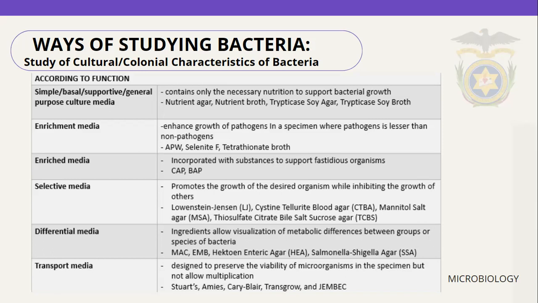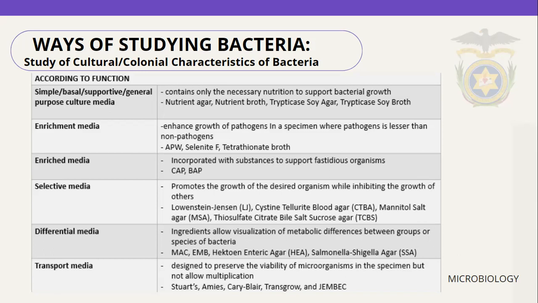Next one, we have our selective media that promotes the growth of the desired organism while inhibiting the growth of others. We have Lowenstein-Jensen or LJ, cystine tellurite blood agar or CTBA, mannitol salt agar or MSA, and thiosulfate citrate bile salt sucrose agar or TCBS. The next one is our differential media, which contains ingredients that allow visualization of metabolic differences between groups or species of bacteria.